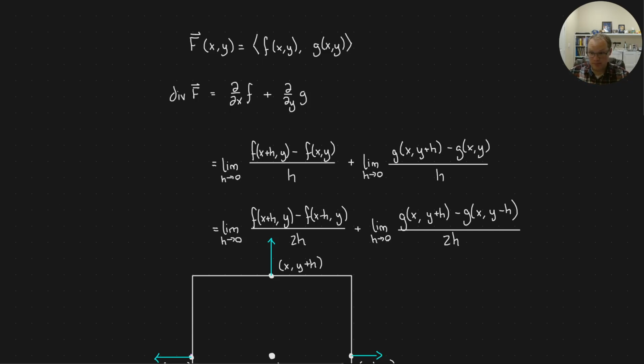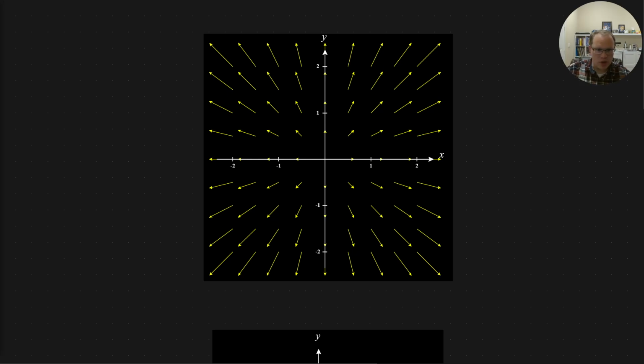Now that we have an intuition on what divergence is telling us, let's use it to think about the divergence for a few special vector fields. So let's take this first vector field and let's pick a point, say right here, just as an example point. I'm going to draw a box around it to help our intuition. Now, is there more flow inward or more flow outward from this box? Well, if we think about the flow inward, we do have some, right?